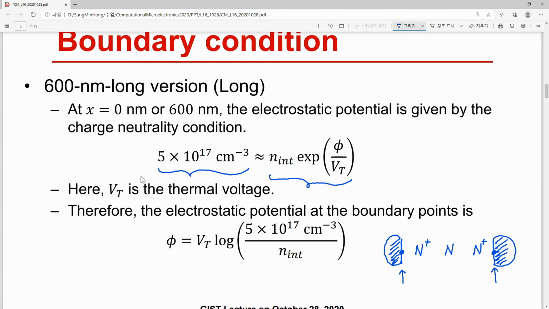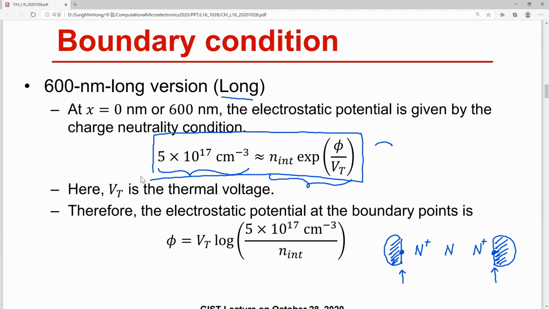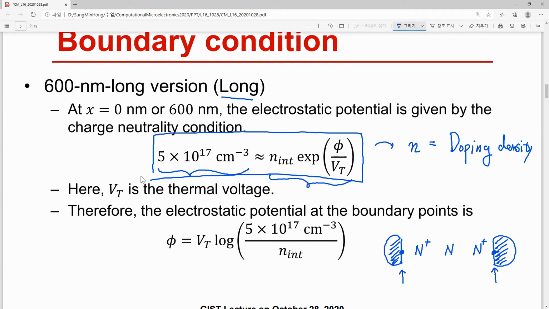of that position should be the same as the doping density. Since in the long device, the doping density in the n plus region was 5 times 10 to the 19 per cubic centimeter, we have to solve this expression. This expression just shows that the electron density should be the doping density, the n-type doping density. Simply we are solving this expression, then we will get the electrostatic potential which satisfies this expression.